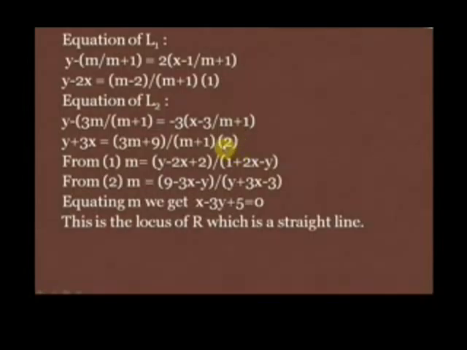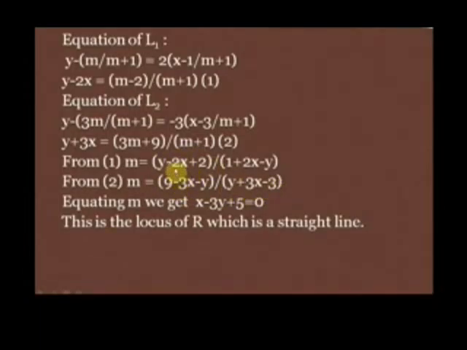Now we have to find the intersection point of these two lines. Let us say that this point is R. So we can find the intersection point by eliminating m from these two equations. So from equation number 1 we get the value of m equal to y minus 2x plus 2 divided by 1 plus 2x minus y, and from equation number 2 we get the value of m equal to 9 minus 3x minus y divided by y plus 3x minus 3.